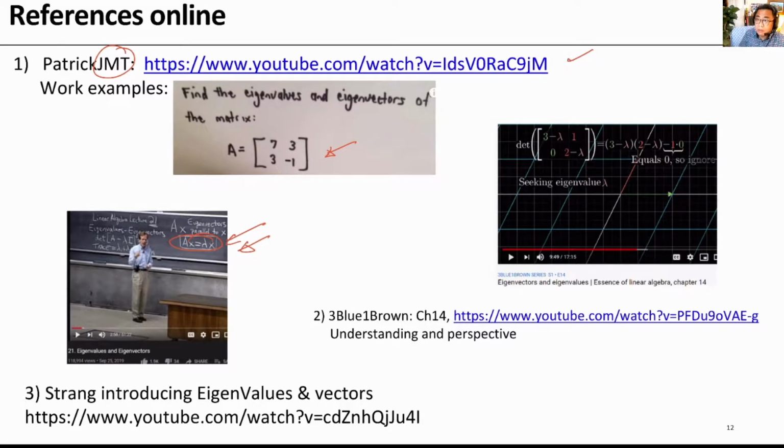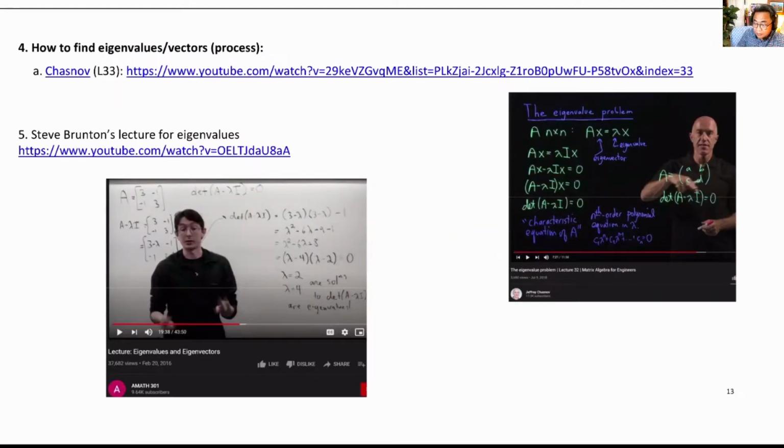For an interesting understanding with a lot of pictures, I would suggest 3Blue1Brown, talking about eigenvalues and eigenvectors. There is also Chesnov from teaching in Hong Kong, who has a very good series, going through the eigenvalue problem, the characteristic equation and the characteristic polynomial very quickly. Same with Brunton's lecture on eigenvalues. These are excellent resources which you can use. Thank you.